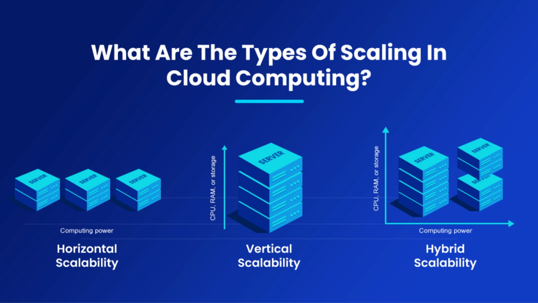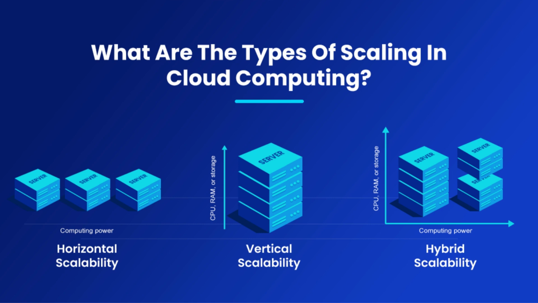One of the primary benefits of vertical scalability is that it allows you to optimize your existing resources, which can help you save cost and reduce waste. Whereas in horizontal scalability, you add more servers. It's called scale out.